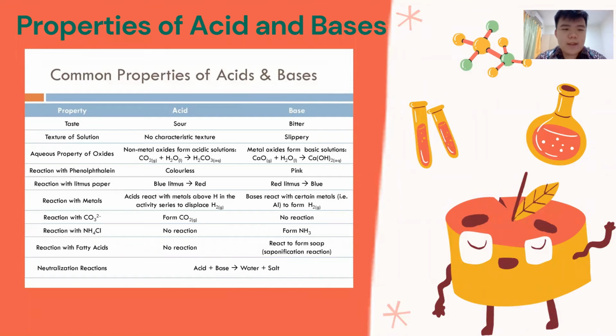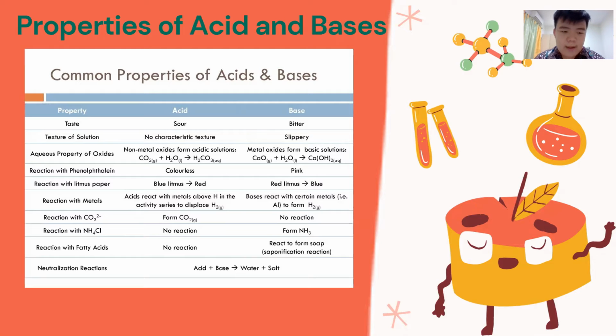Properties of acids and bases. There are some common properties of acids and bases. From taste, acid is sour and base is bitter. For the texture of the solution, acid has no characteristic texture, while base is usually slippery. In reaction with phenolphthalein, acid is colorless, while base is pink. In reaction with litmus paper, as we all know, acid turns blue litmus to red, and base turns red litmus to blue.